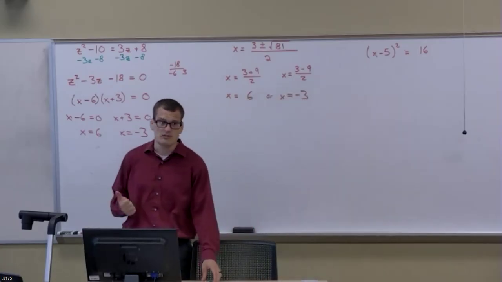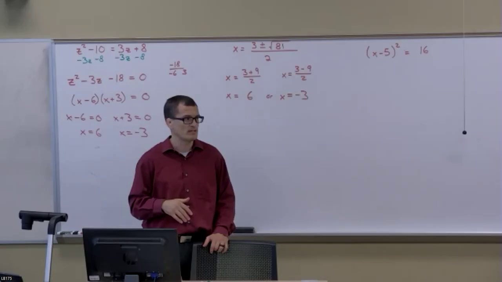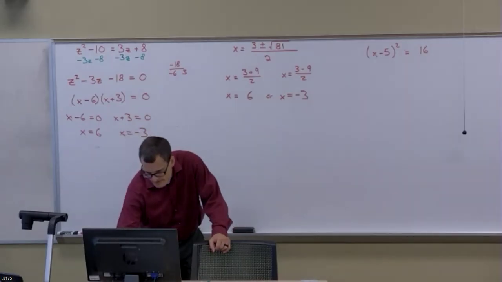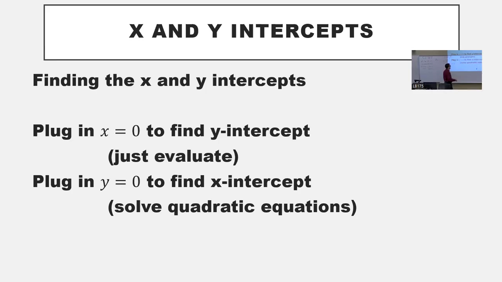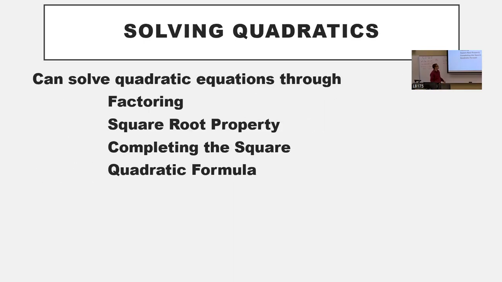If factoring doesn't work and the square root property doesn't, because it's not the nice format for it, then I'd probably just turn to the quadratic formula and do it over. That makes sense? And so there's kind of a hierarchy if you're trying to solve quadratics. If it has the form of the square root property, I'm going to use that, right?